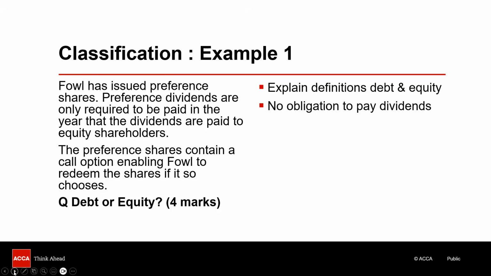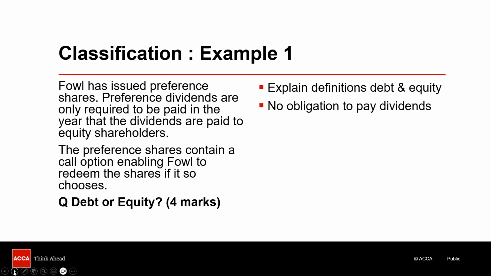Now, the call option. If it's a call option, it's FAL that has the power. It's FAL that has the choice. It's the issuer that is in control of whether or not the option is exercised. Now, there's no suggestion that they're going to be forced to do this. It's very open-ended. If it so chooses.